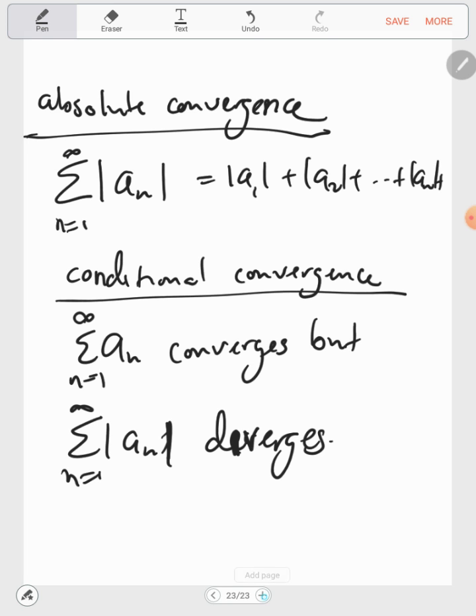All right. Then we move to the other test that we use for convergence, which is the p-test. Now this is the p-test for series.